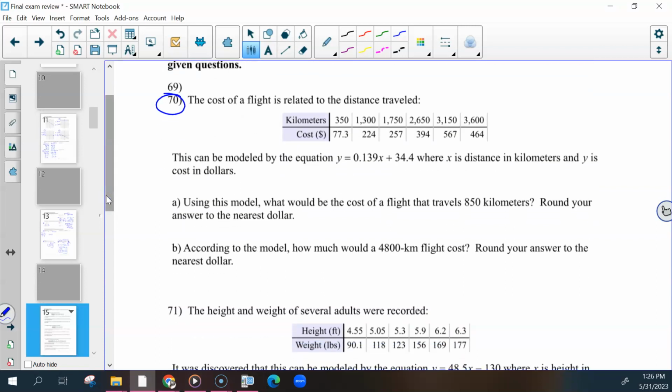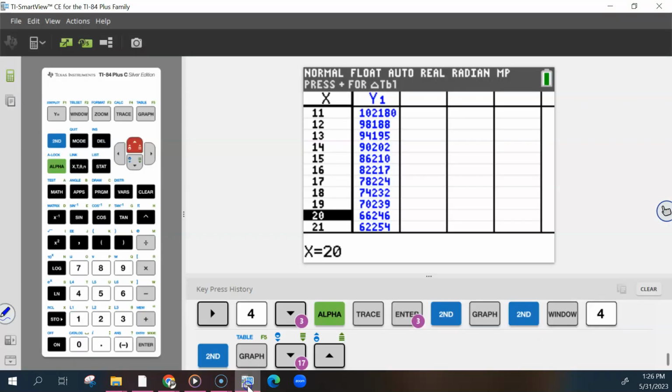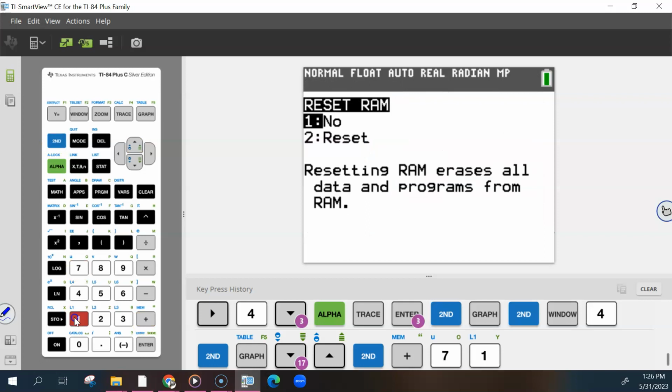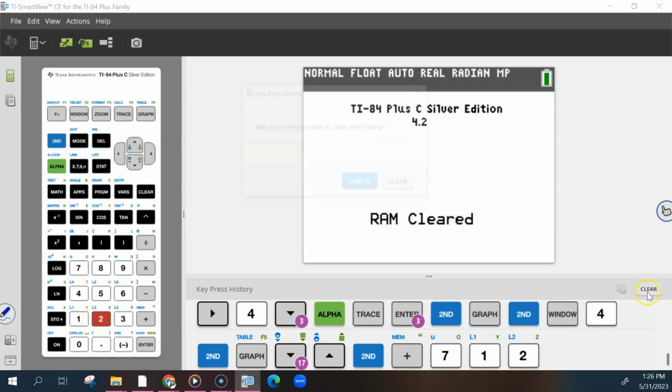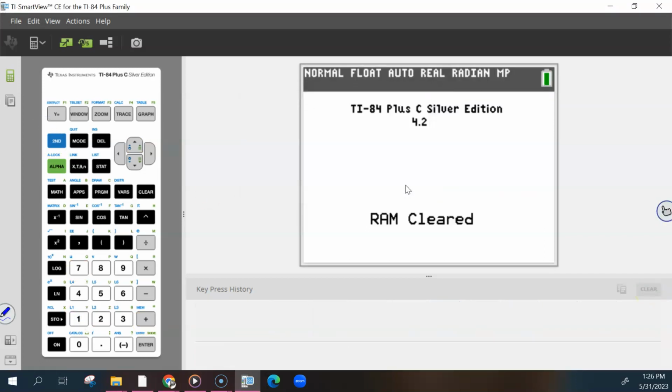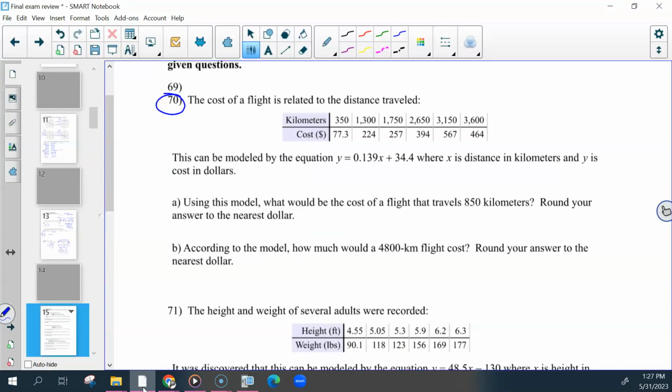So, again, if you didn't grab a calculator, make sure you have one. Go ahead and reset your calculator, second plus 7, 1, 2. And then before we do anything, we have to figure out which of these is x and which is y.